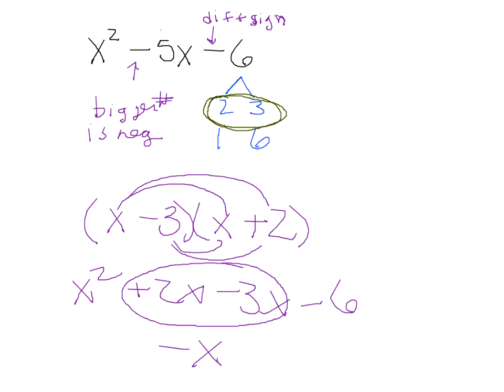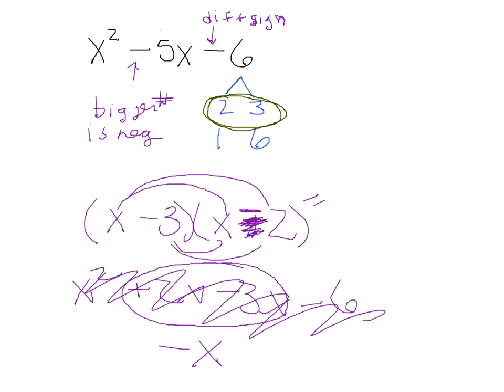So it doesn't matter what I do. Let's say, okay, I'm totally convinced that it's minus 3. It's 3 and 2. So I'm going to change this to a negative and see what happens. So when I expand, I get x squared minus 2x, and then minus 3x. That gives me minus 5x.